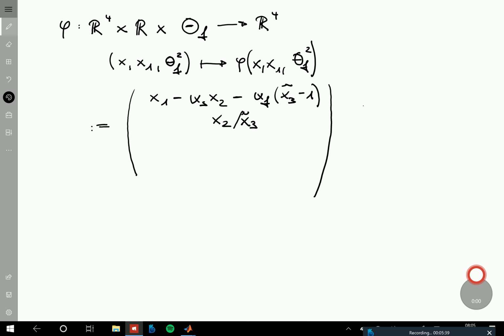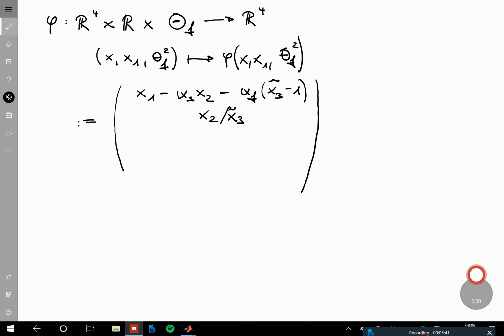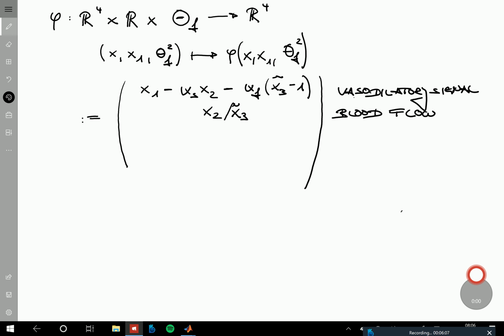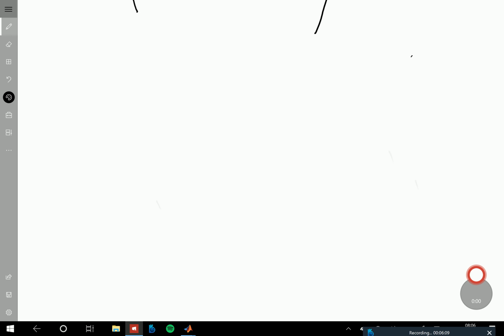As I already mentioned last time, they model a vasodilatory signal and blood flow. Let's look at this in a little bit more detail before we go to the other ones.